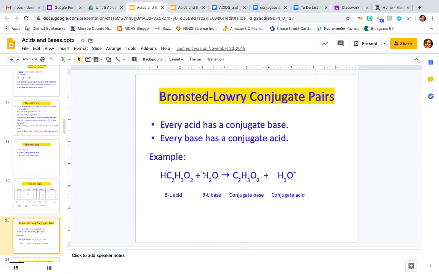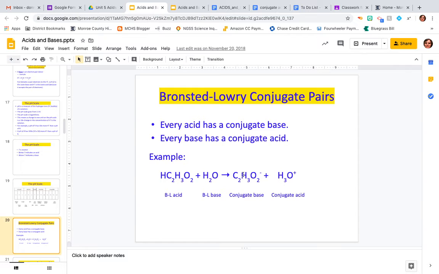So this means that since this gained a proton or accepted a proton, it is the Bronsted-Lowry base, and then what it became, the H3O plus, is the conjugate acid. Okay, so that is how you do conjugate acids and bases. Again, it's easier to tell what is your Bronsted-Lowry acid, what is your Bronsted-Lowry base, if you have this whole equation, because you can see, oh, look at this thing.